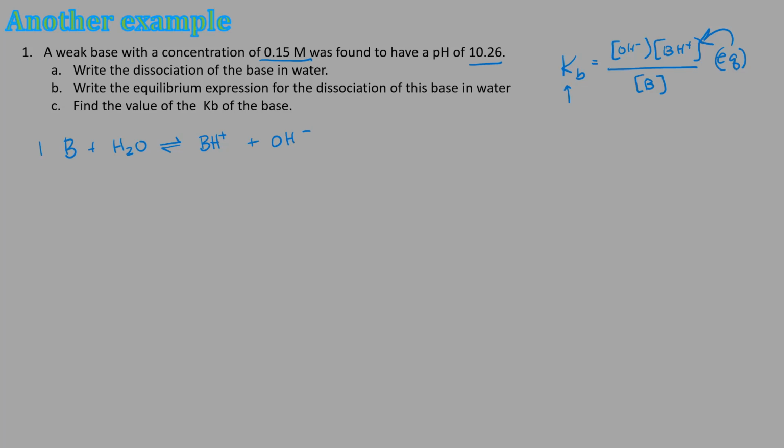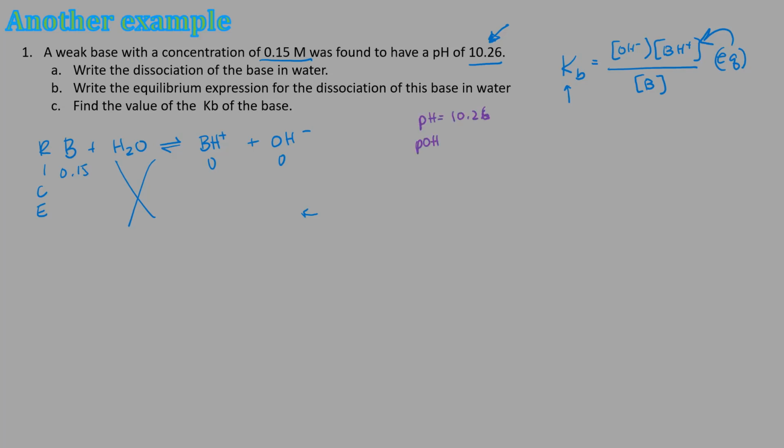So I'm going to look at the RICE table and see what I can see. So I have 0.15 of this, water doesn't matter, none of this, and none of this. Now, at equilibrium, the pH is this. So that would give me this value here at equilibrium. So I know that the pH is 10.26.